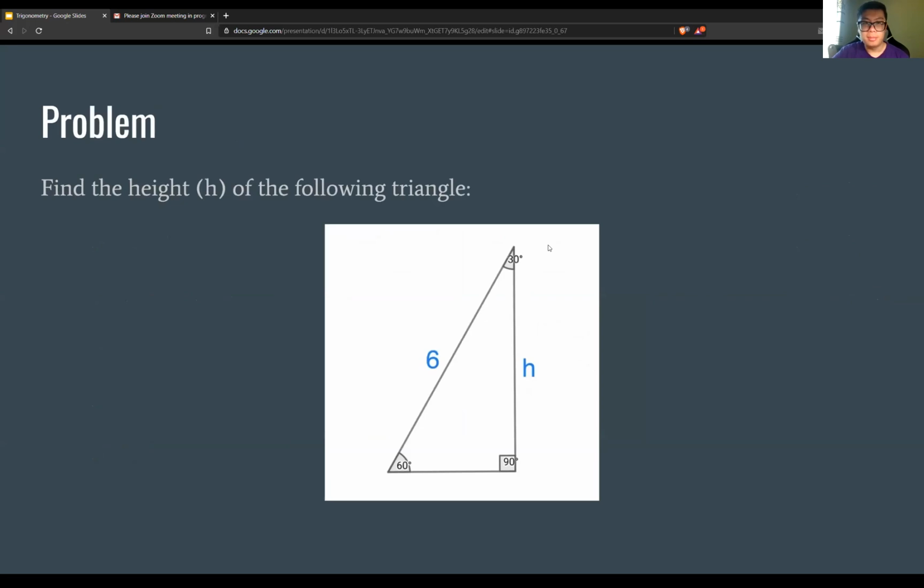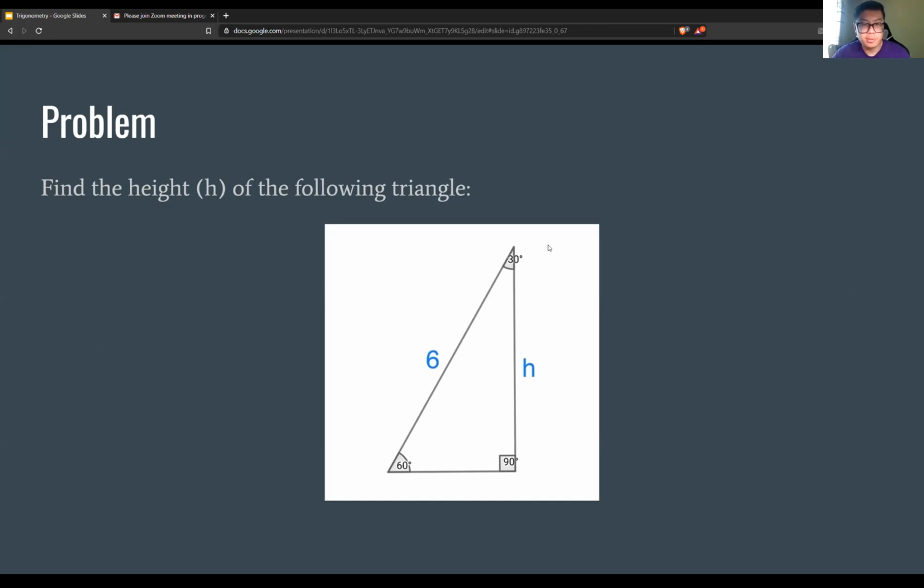Let's look at a sample problem. Find the value of h in this triangle. Shouldn't take you too long. And there's multiple ways to solve this.